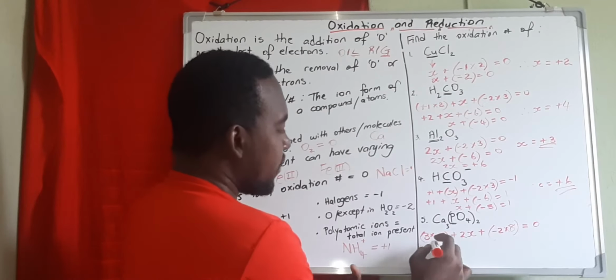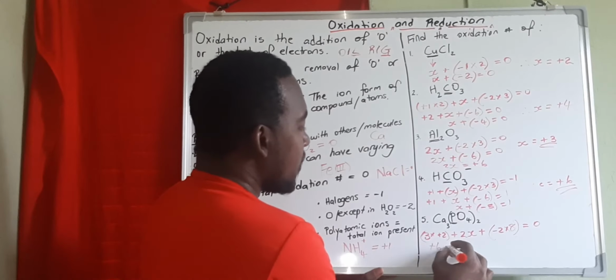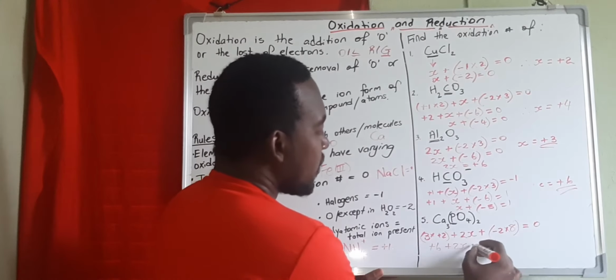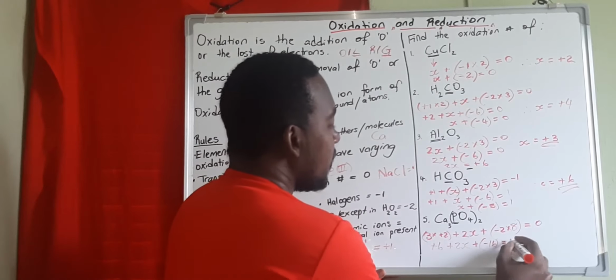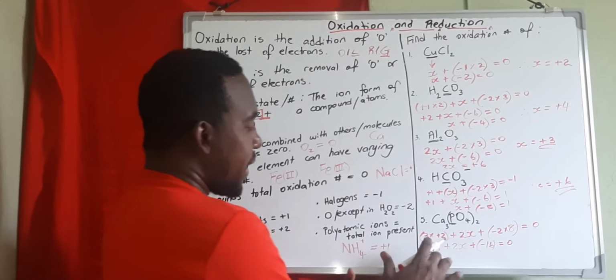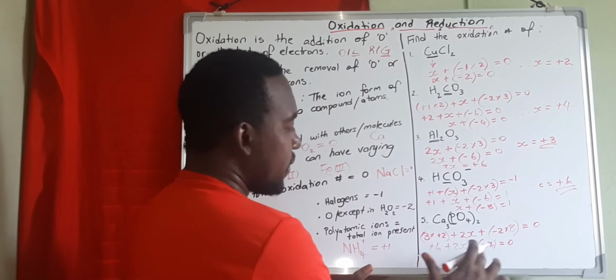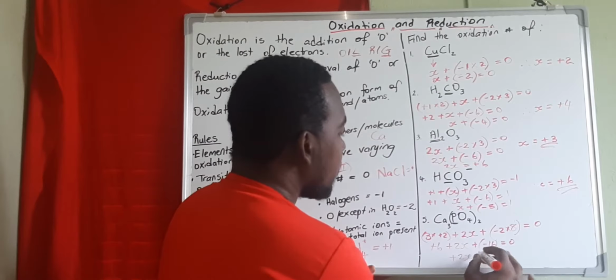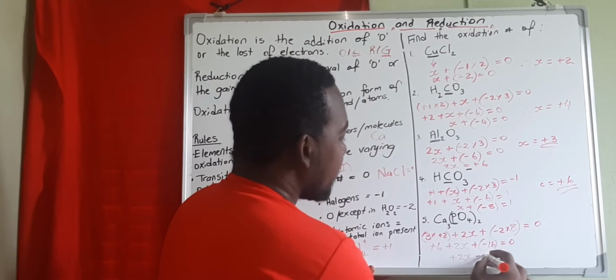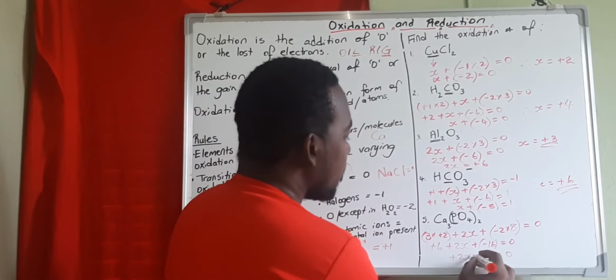So we have 3 times 2, which is +6, plus 2x, plus 8 times -2 is -16, equals 0. So we have +6, -16, so that is 2x minus 10 equals 0.